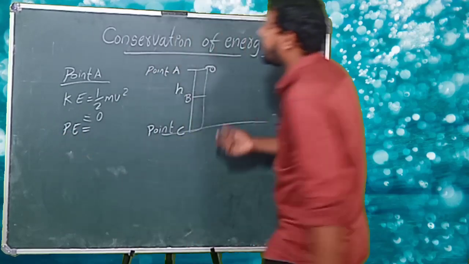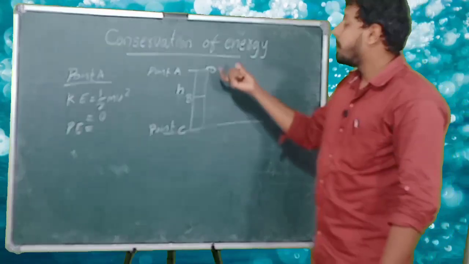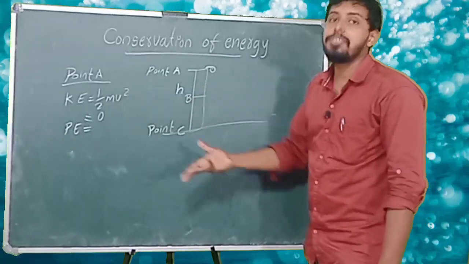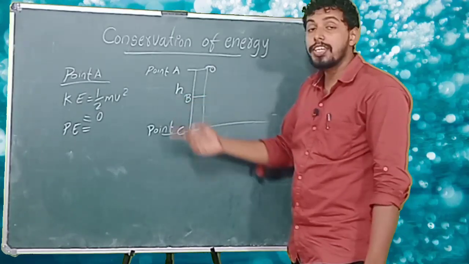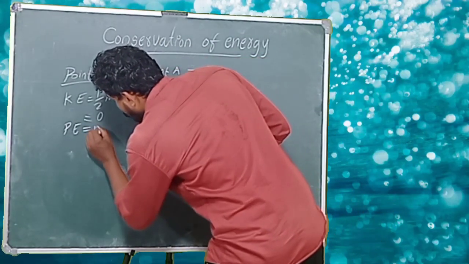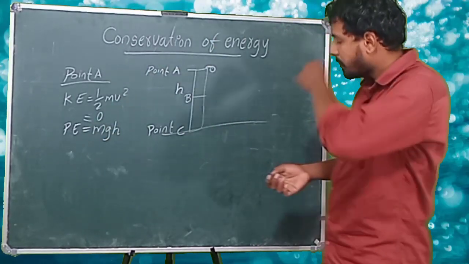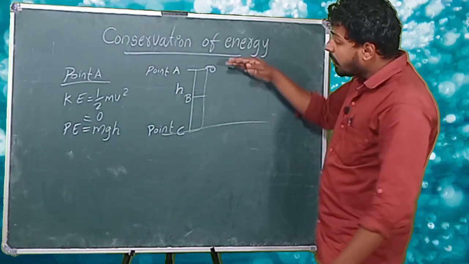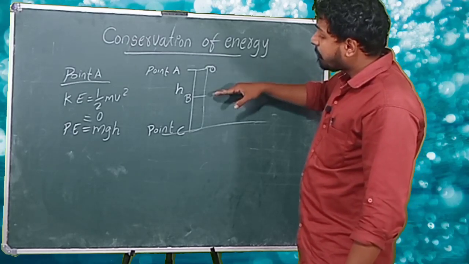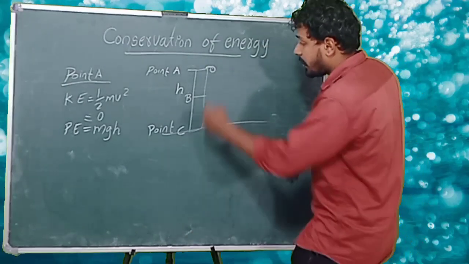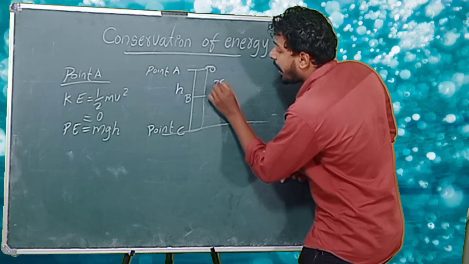Potential energy, we know, is the mass of the object into acceleration due to gravity into the height of the object. What is height here? H. So the potential energy is mgh. Then the object comes to B. The distance is x.